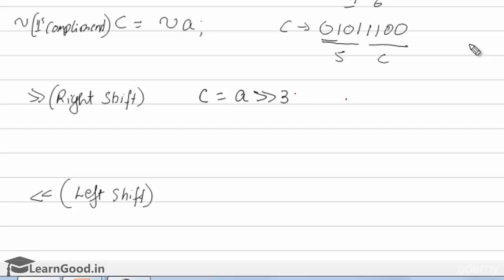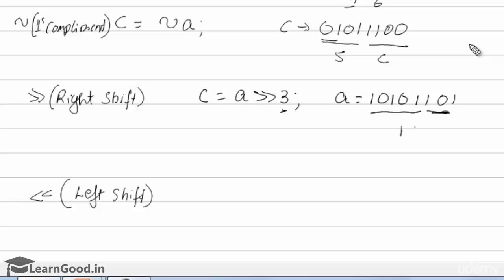Let's take A value as 1 0 1 0 1 1 0 1, and if I apply a right shift of 3 bits, these 3 bits will be truncated and the remaining bits will be shifted 3 positions right.